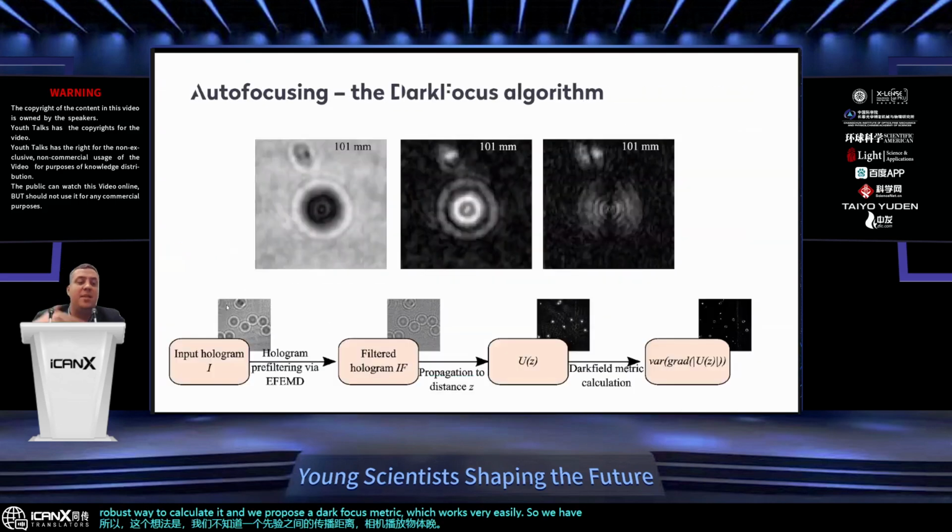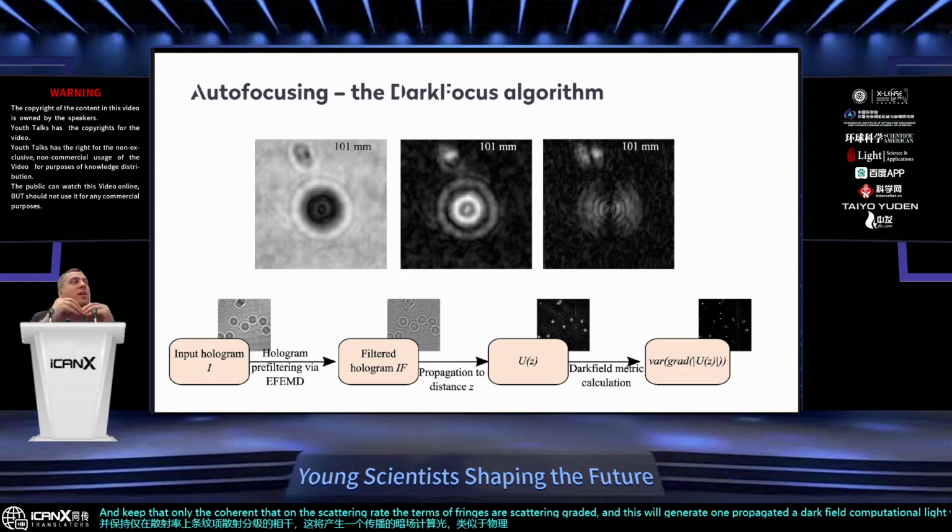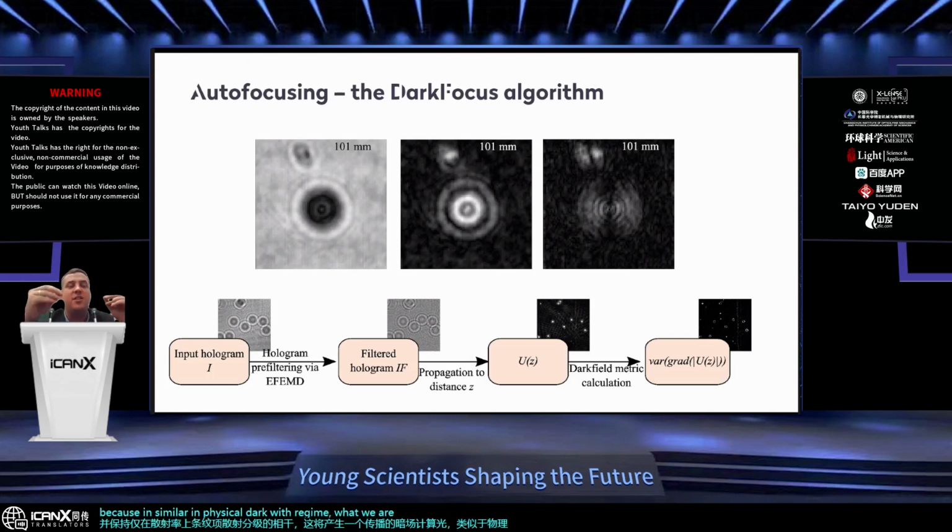It is high pass filtered to remove the background and keep only the coherent term, only the scattering related terms of fringes. Once propagated, this generates a computational dark field, which is similar to a physical dark field, because in the physical dark field regime, we are forcing only the scattered light to form the image. Here we are not doing this physically, we are doing this numerically.